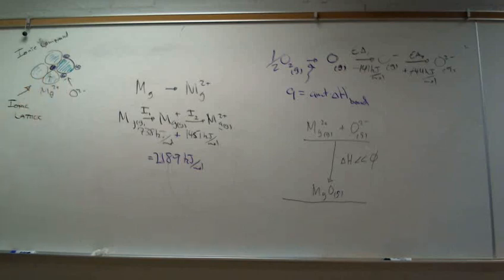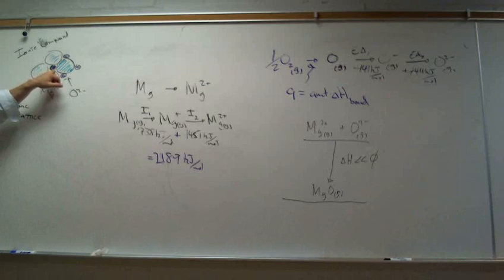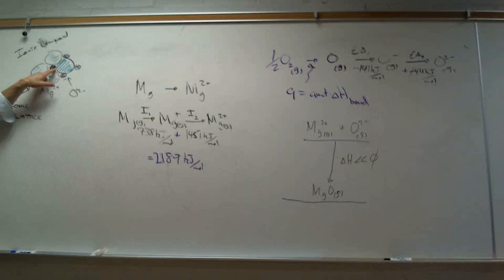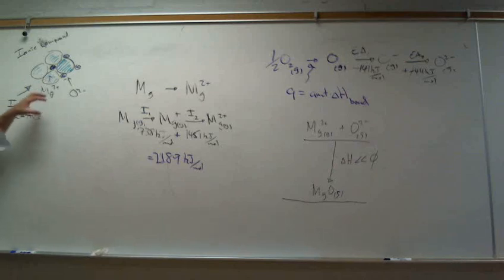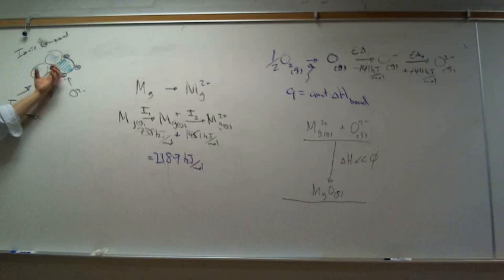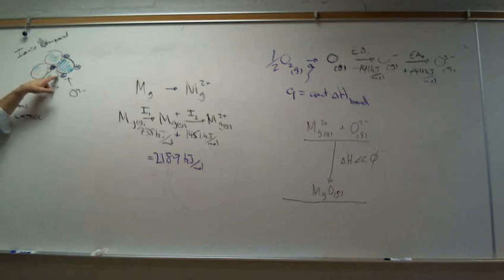If I have a mole of magnesium oxide, it turns out I have to break a lot more, because each magnesium is actually bonded to not just one oxide, but each magnesium is bonded to 4 oxides here in the plane. And not only that, this is a 3-dimensional structure, so we're going to have 1 oxide on top and 1 oxide underneath. And so it turns out that each magnesium is bonded to something like 6 oxides here.